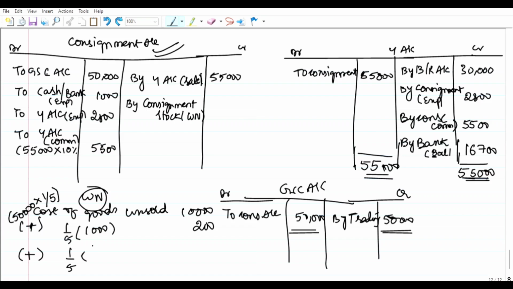So 10,700 rupees is the total value of unsold goods. Okay, 10,700 rupees.